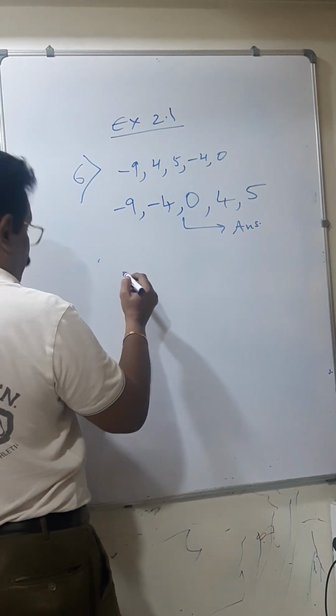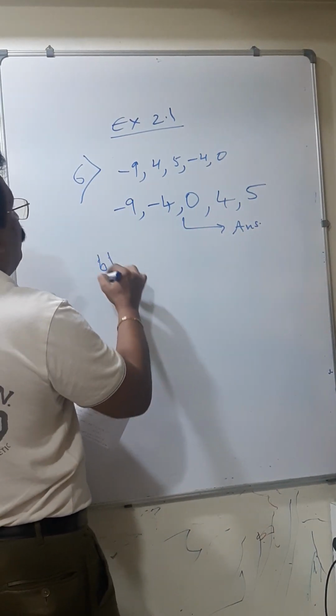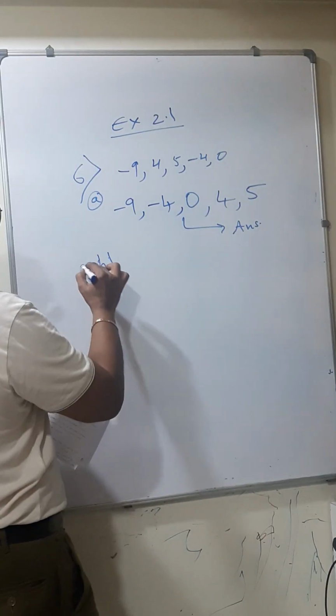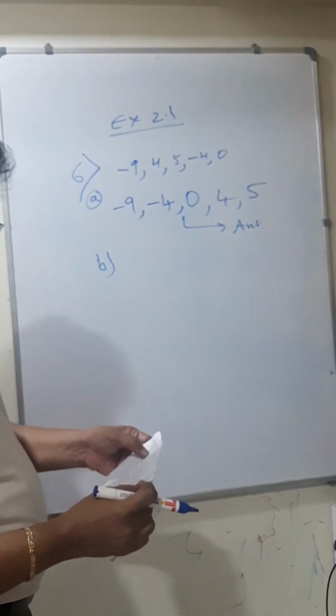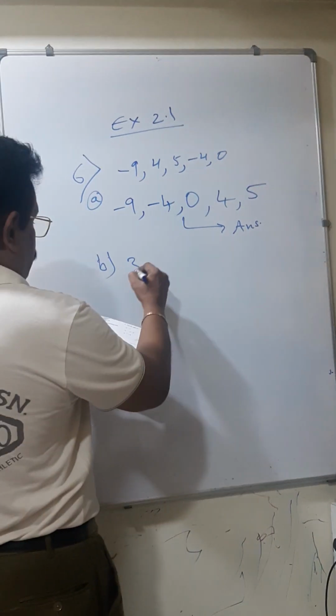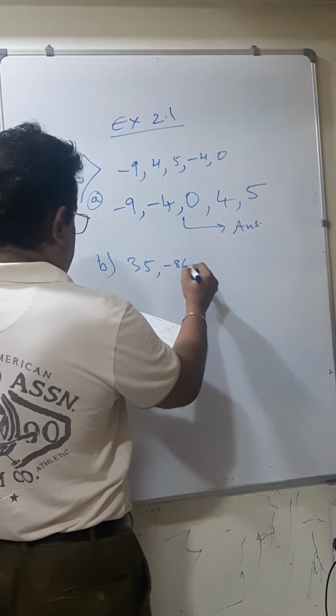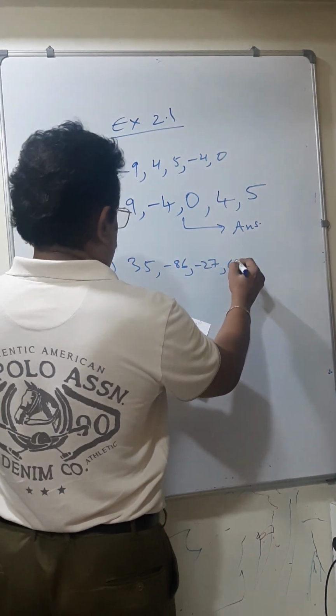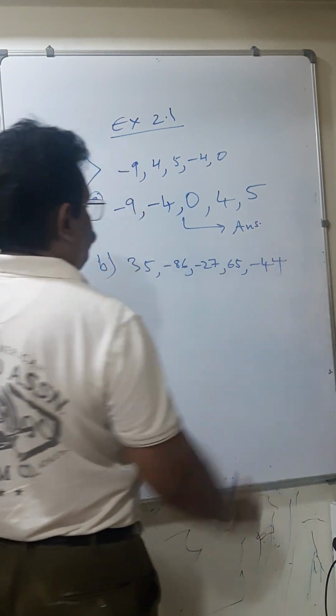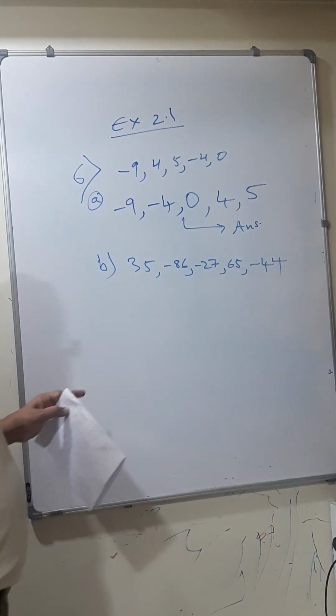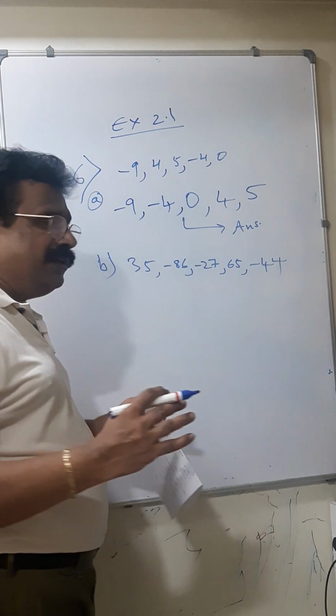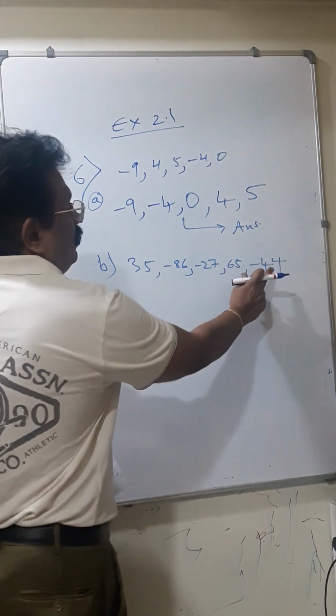Second one. B. This is A. 6th A, 6th B. 6th B में what they want? Ascending order of 35, minus 86, minus 27, 65 and minus 44. Correct? Now ascending order. Smallest first. Come to the negatives. Minus 86, minus 27, minus 44.